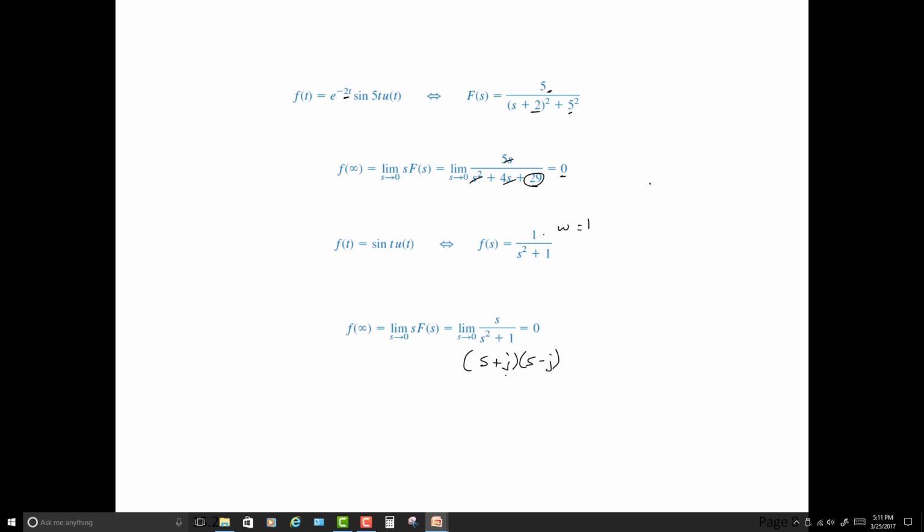This is oscillating between plus and minus 1, which we know the sine does. So all you can say here is that the final value theorem does not apply. We'll have to have another way to deal with that.